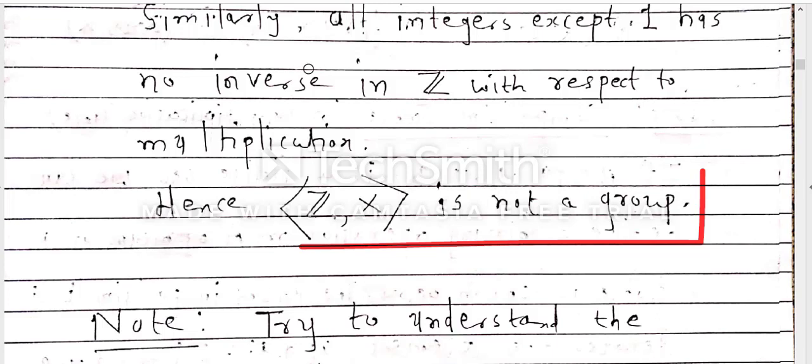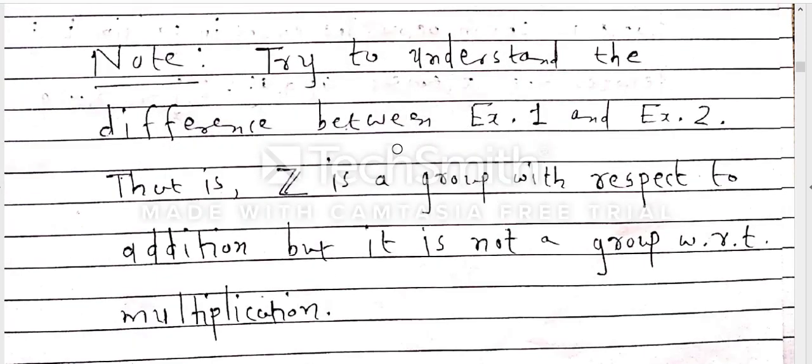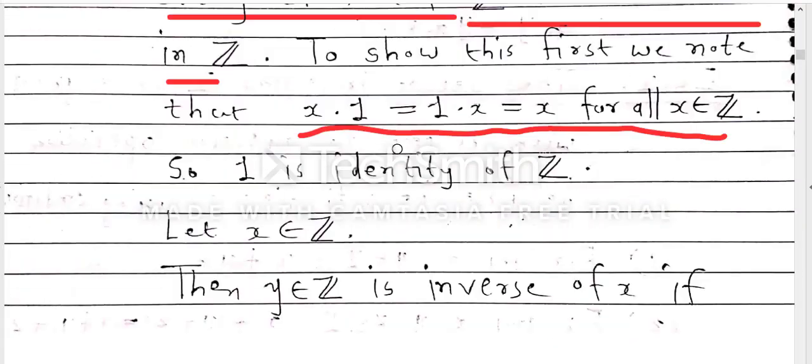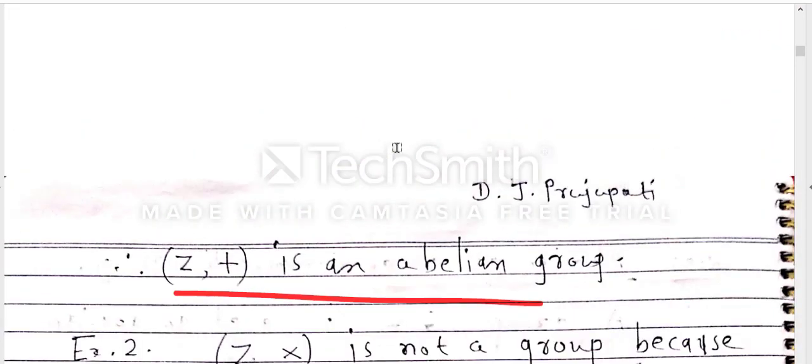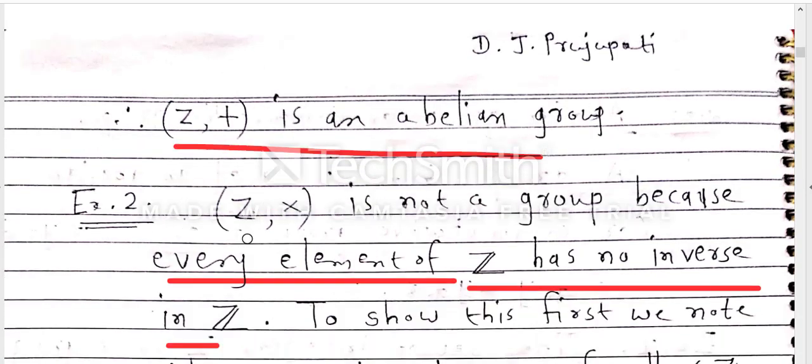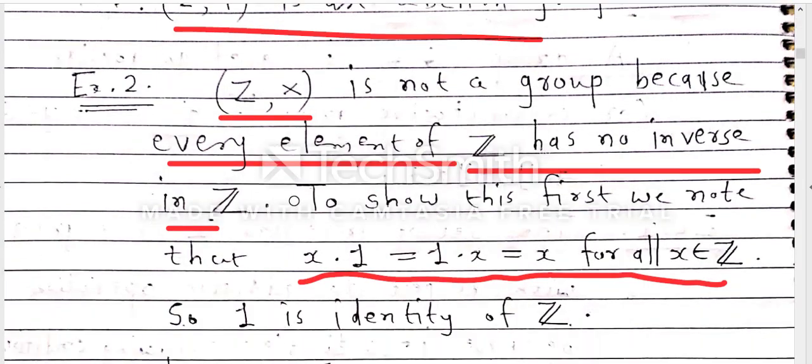If you want to show that some property is not satisfied, you just have to provide a counter example for which element it is not satisfied. So you can understand the difference between example 1 and 2. In example 1 we consider Z with addition and it becomes an abelian group, and in example 2 we consider the same set Z with the multiplication operation, but it is not a group.